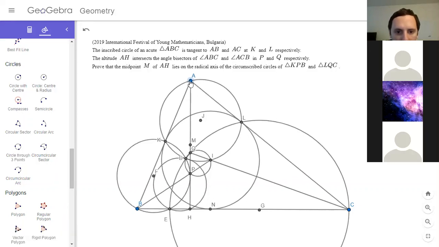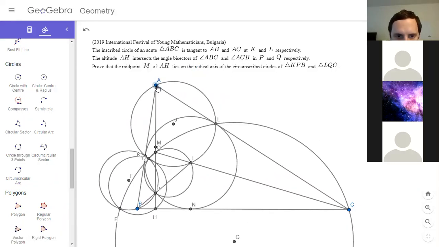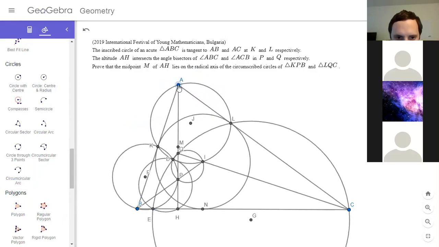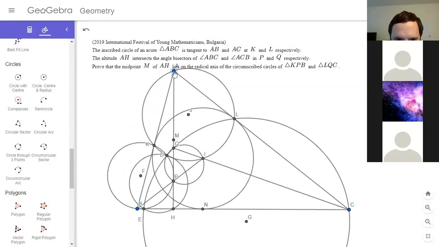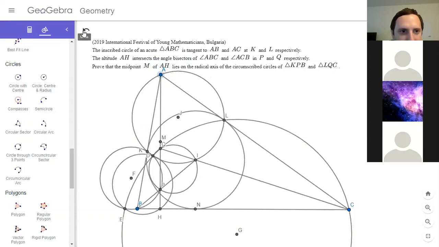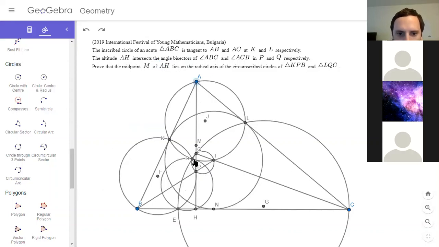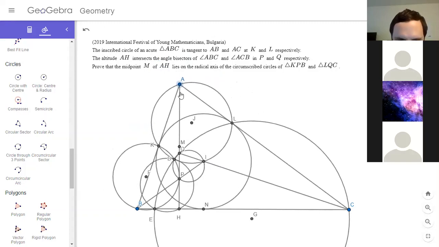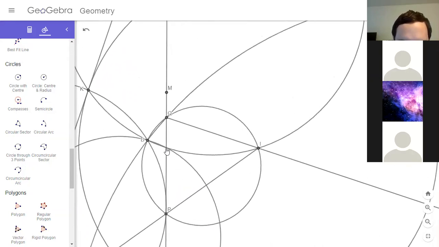Let's see. I wonder if, yeah, it's so hard to see, but I think this circle through D, H, and E passes through the intersection of AH with, maybe that's obvious actually, because, want to see what I mean? Yeah.